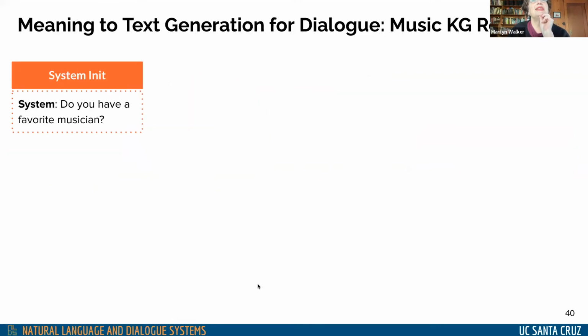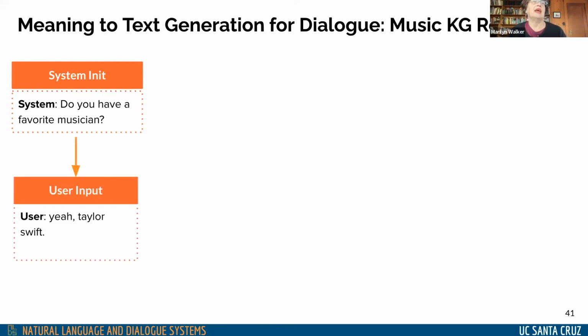So let's have another example of how the meaning representation here differs a little bit from the example that I showed for the video games. Let's take the music knowledge graph response generator. Let's say that the system asks the user, do you have a favorite musician? And the user says, yeah, Taylor Swift.